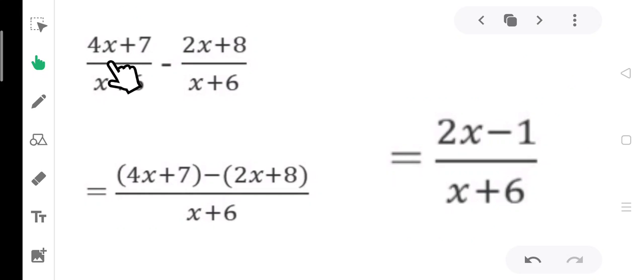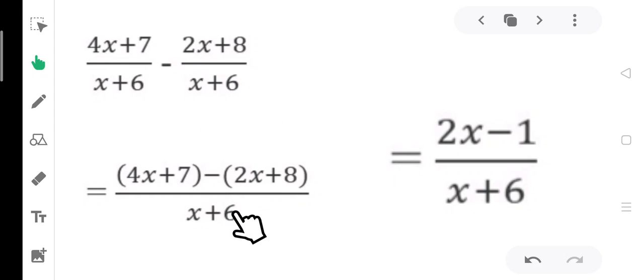Another one. We have 4x plus 7 all over x plus 6 minus 2x plus 8 all over x plus 6. Since these are similar rational algebraic expressions, just like subtracting similar fractions, we just copy the common denominator and then subtract the numerators.